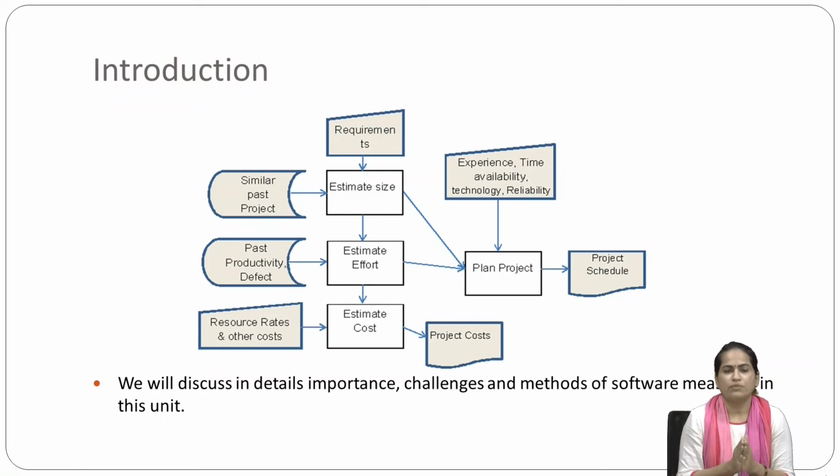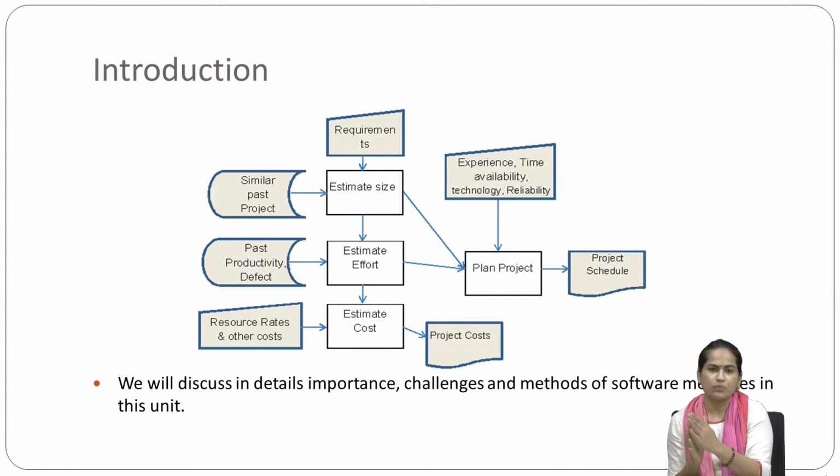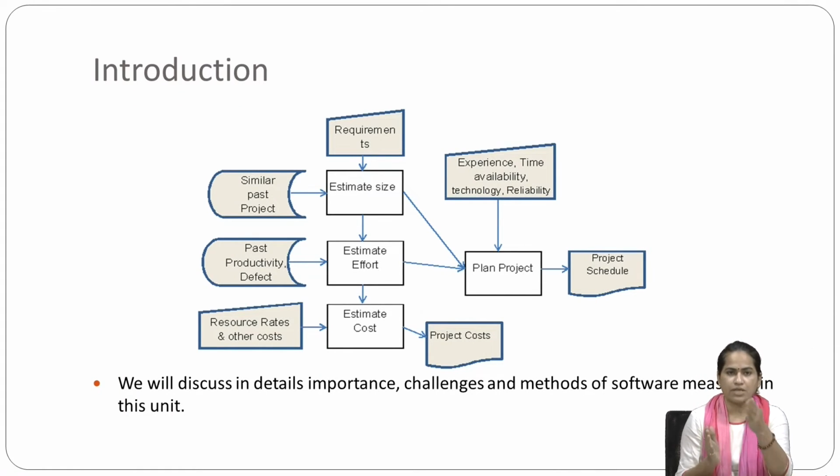Then we move forward from size to effort, and the next thing is estimation of efforts. As we move from size to effort, effort is considered based on the size, and another thing we consider is past productivity defects. For products that had such functionalities in the past, we consider whether any defects or productivity defects were there.